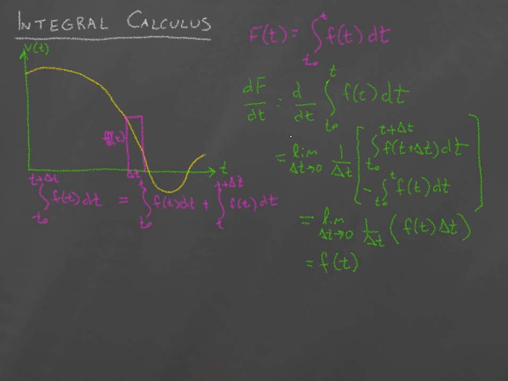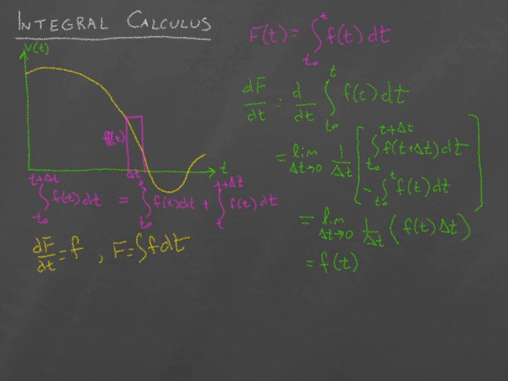So in other words, the integral is the antiderivative. So dF/dt is equal to f, and F is the integral of little f dt. So this is the relationship between a derivative and an integral.